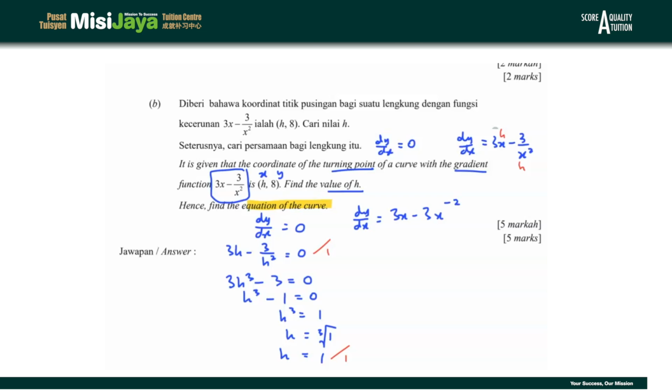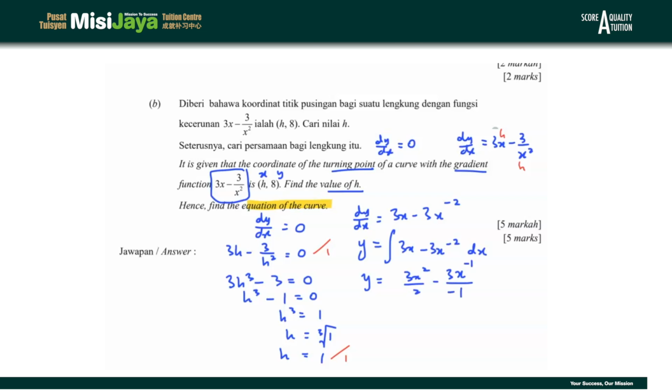In order to get the equation, from dy/dx to y, you just need to integrate. So y equals the integration of 3x minus 3x to the negative 2 dx. So y equals 3x squared over 2 minus, negative 2 plus 1 becomes negative 1, then over negative 1.